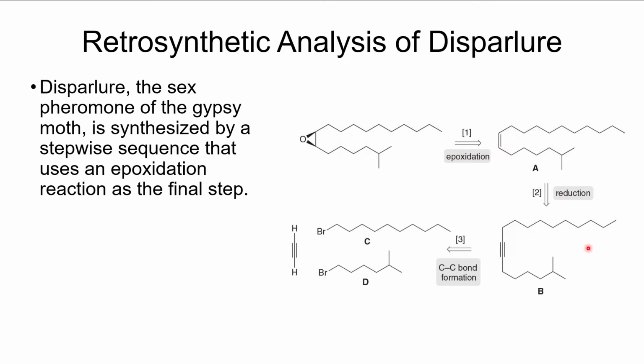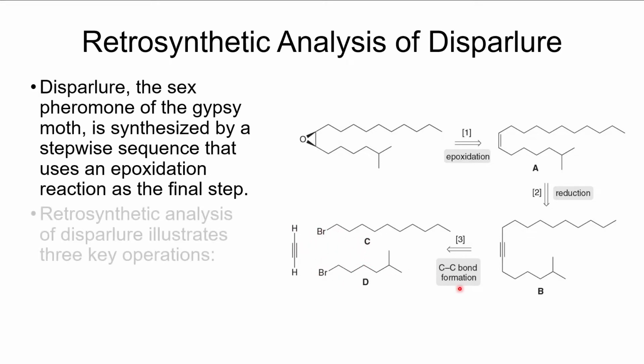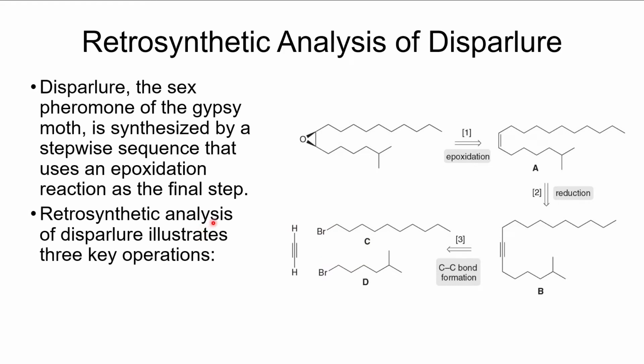Remember, the Lindlar catalyst will give us the cis alkenes, and then we can make alkynes. We can make alkynes by doing an SN2 reaction with these alkyl bromides. So by thinking about it backwards first and then writing out the synthesis, we can come up with a way to make something like this.